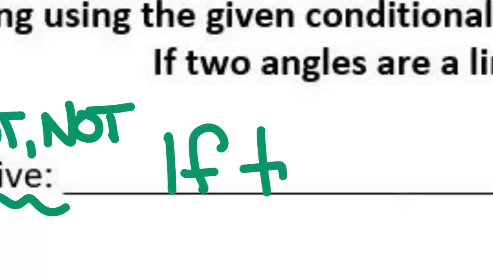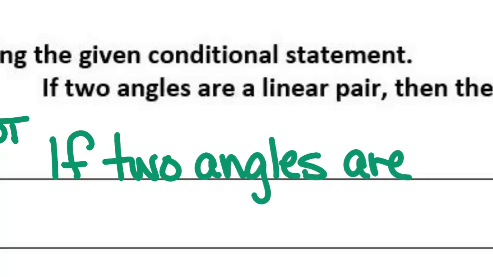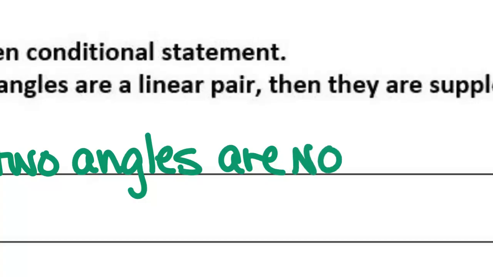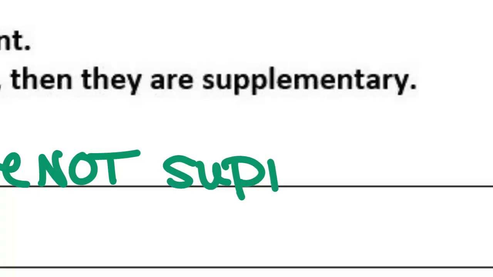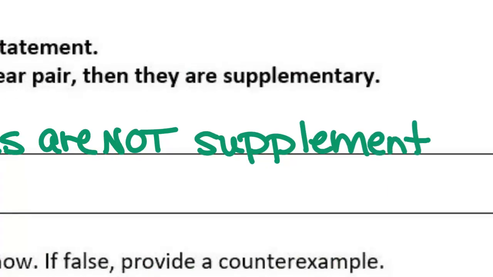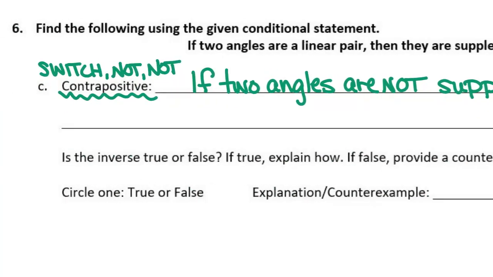Yes. If two angles are not supplementary, then they are not a linear pair.